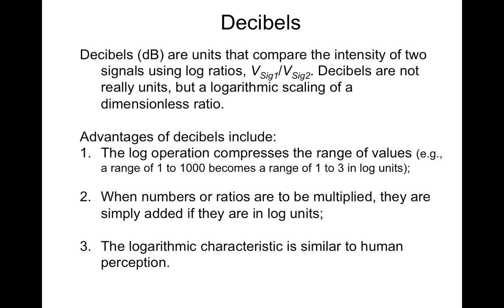Second, when numbers or ratios are multiplied, they can be added if they're in log units, and this is particularly useful if you're graphing. So if you come from an electrical engineering background, you probably did Bode plots, and the reason that Bode plots can be additive of functions is that you've taken the logarithmic of several ratios. And then finally, the logarithmic characteristic is similar to human perception.